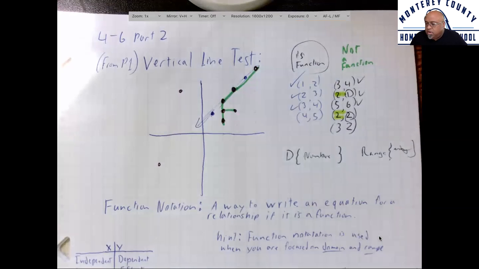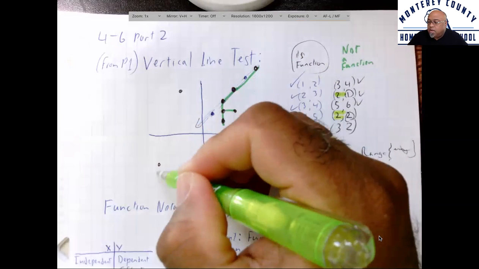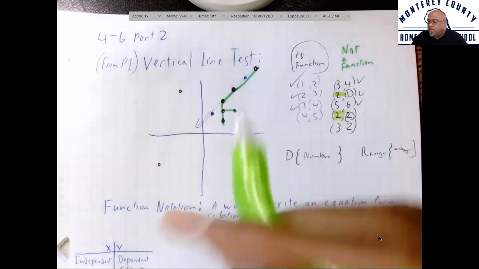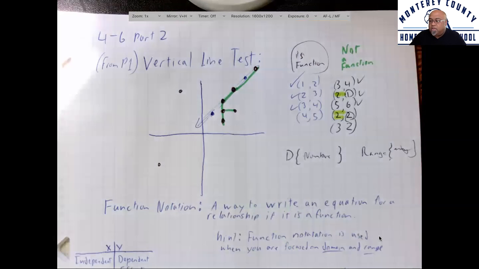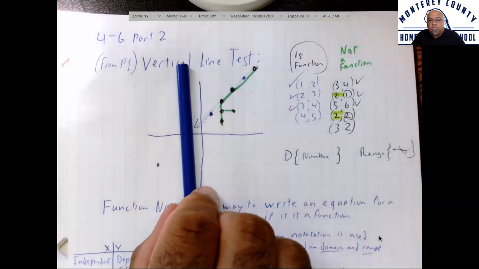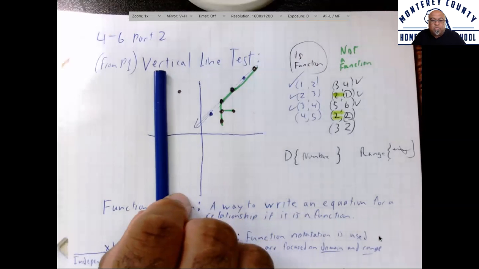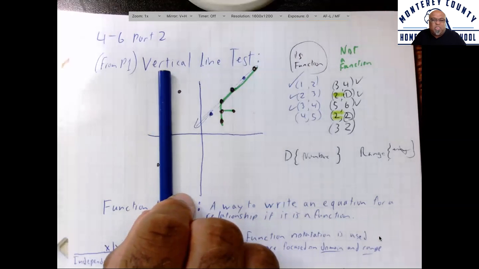So I'm like, all right, cool, this is a line, and it's also a function. So I'm looking at this and going, okay, this is a nice straight line, and it's not vertical. Let me get my vertical line test pen here. All right, there's no vertical points there, and there's no vertical points there, meaning any points that would be on the same line.